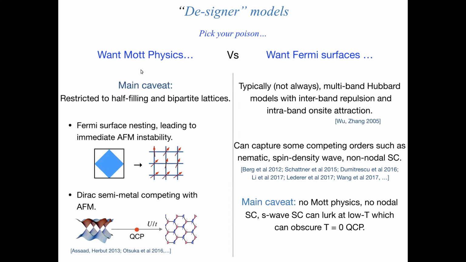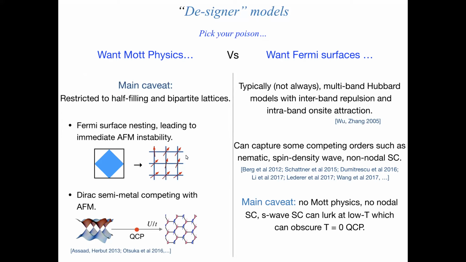If you want Mott physics, then you can do it, but then you don't get Fermi surfaces. What kind of stuff can you get if you want Mott physics? You are restricted to half filling and bipartite lattices. That's a fair statement.